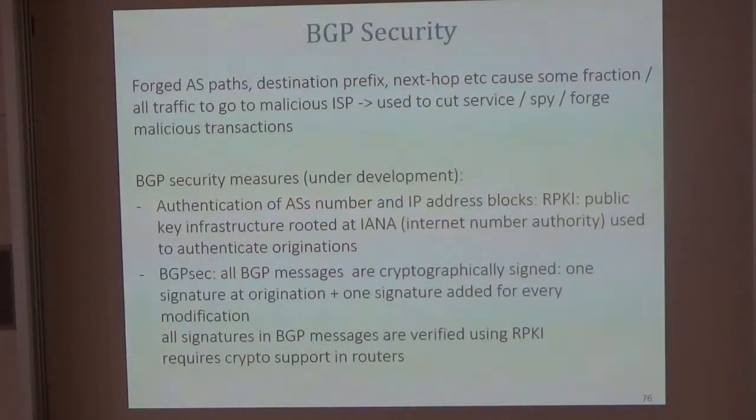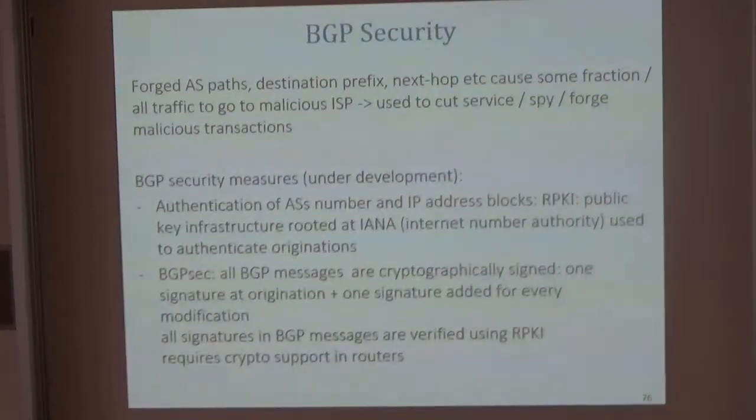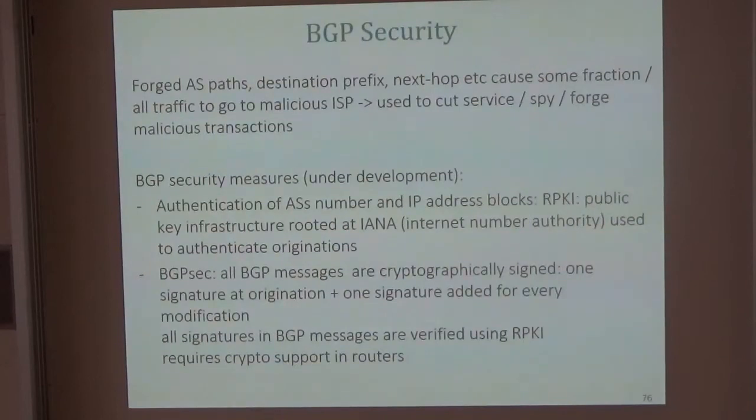The Internet Engineering Task Force is working on what is called BGP-Sec, a security addition to BGP. But there is a lot of resistance to deploy BGP-Sec. We can make the difference between two different levels of security.